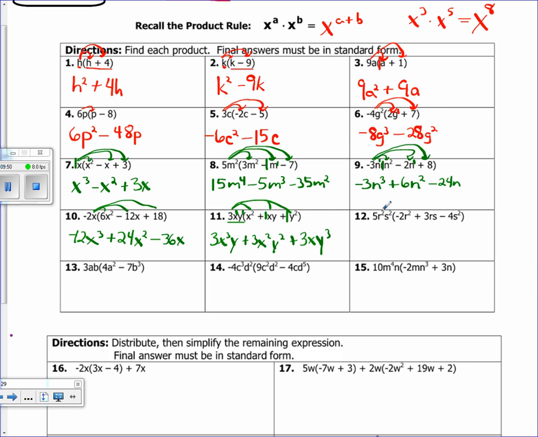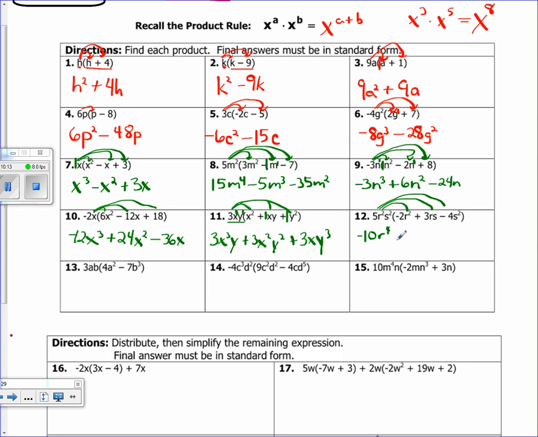Alright, this next one, same kind of thing, except we're multiplying by 5, and we're going to be adding 2 to the r's and 2 to the s's when we get to them. So this first one, 5 times negative 2, that's negative 10. R to the second times R to the second, that's a total of 4 R's, so R to the fourth.